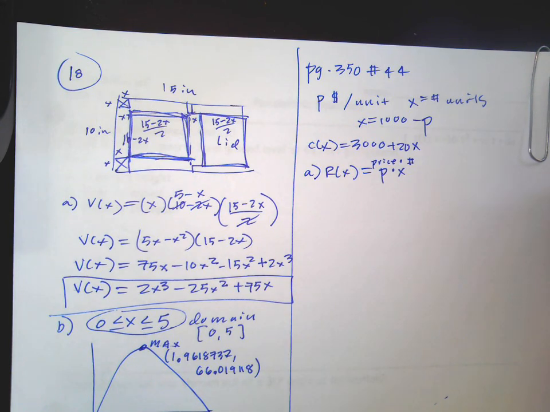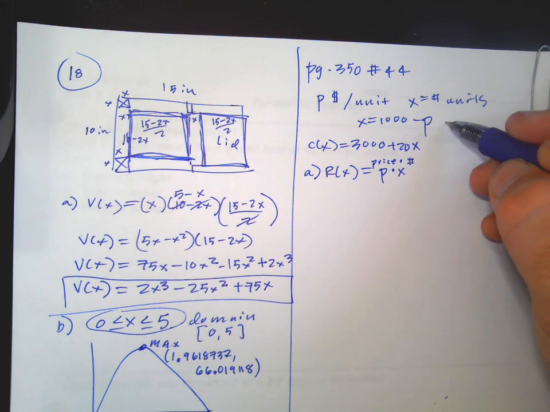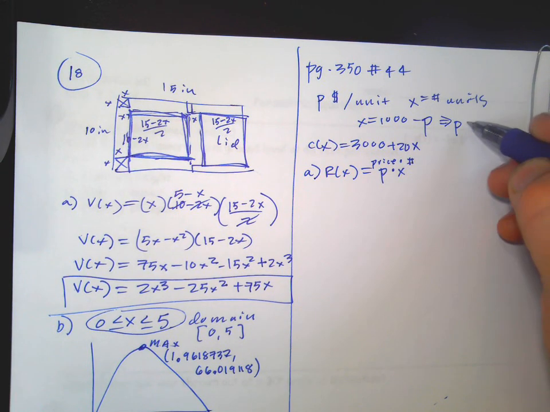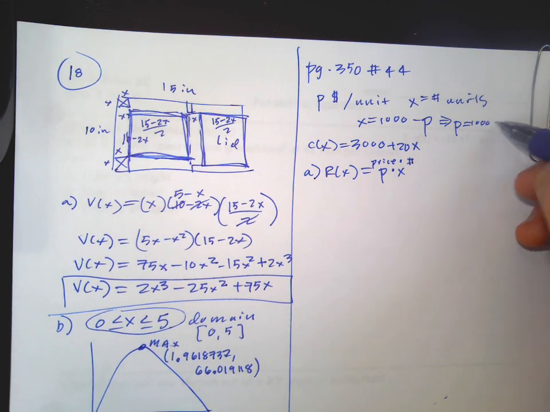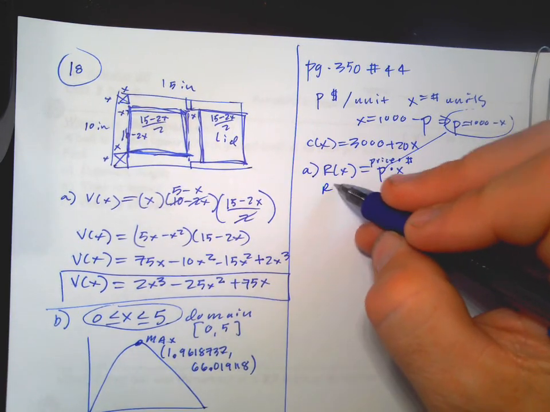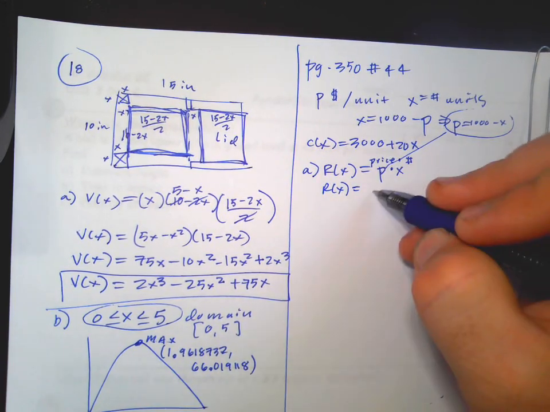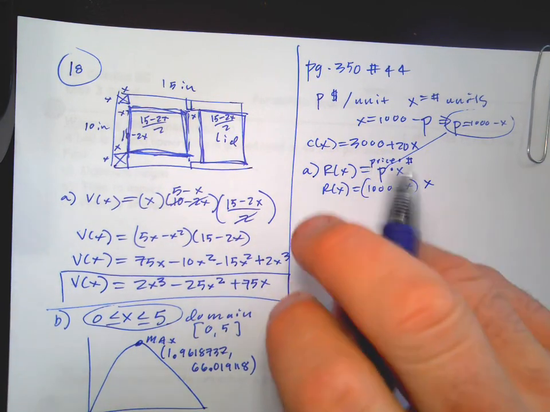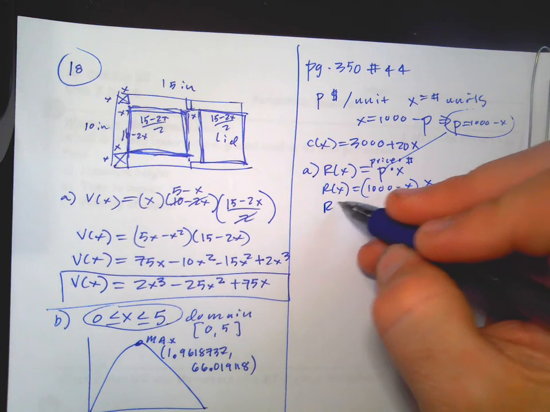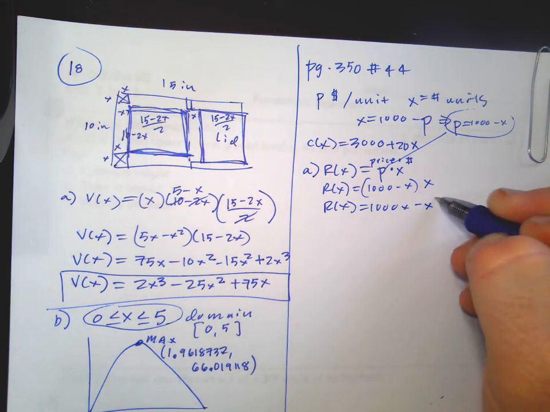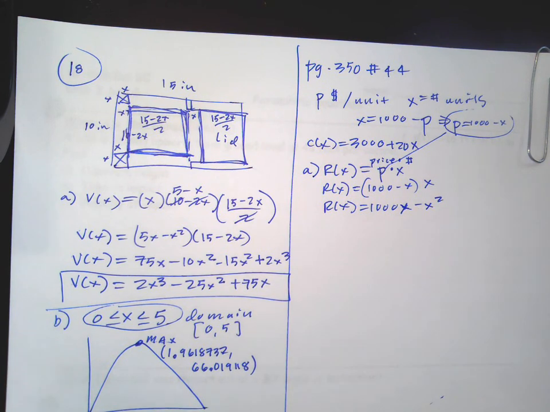Now I'm assuming we want to get it all in terms of one variable. So we solve for price. Price is 1,000 minus X. So revenue is 1,000 minus X times X, or we could simplify it and say it's 1,000X minus X squared. So there you go.